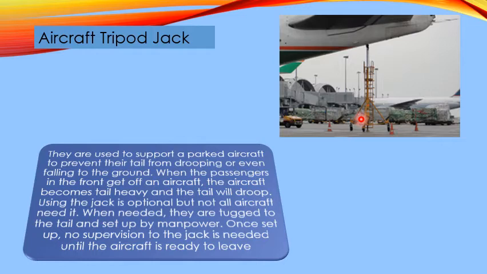The weight balance is affected if the passenger load is more at the front. During that time they use the tripod jack because the tail becomes heavy there. The jack is optional; not all aircraft need it, but some aircraft do.